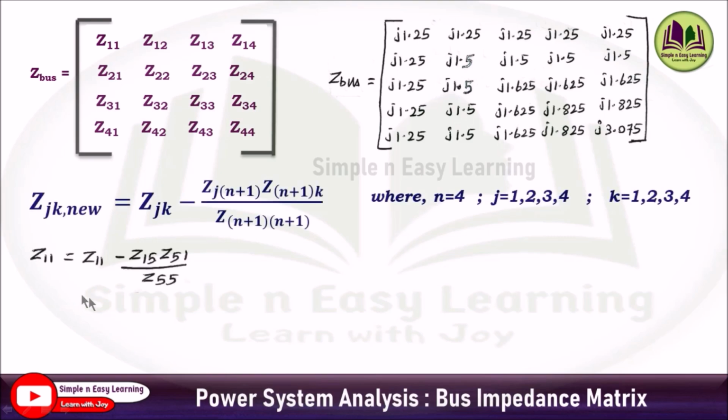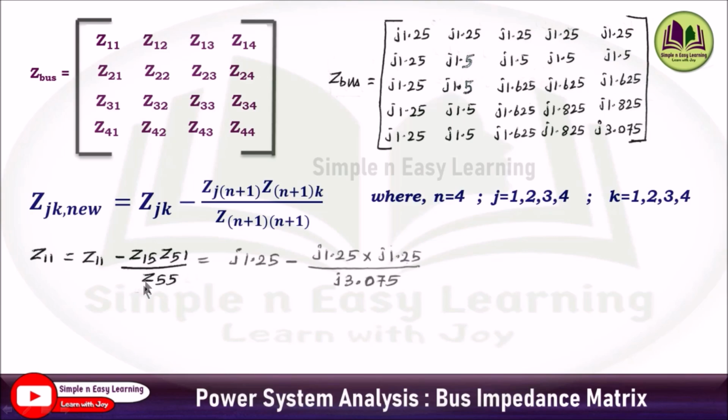Applying this in this formula, first parameter Z11: j equal to 1, k equal to 1, so it becomes Z11 minus Z15, so j equal to 1, n plus 1, n is 4 plus 1 is 5, so 1 5, and Z(n+1)1, Z51, divided by Z(n+1)(n+1), so n plus 1 is 5, n plus 1 is 5.